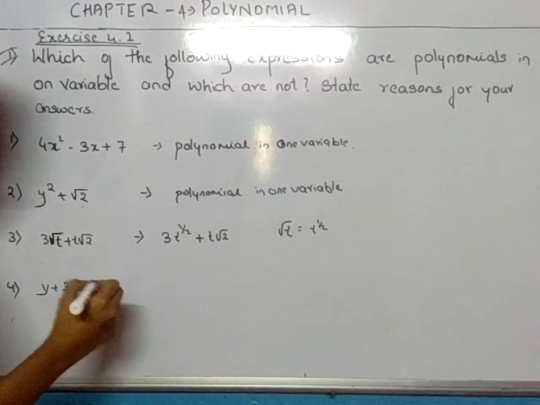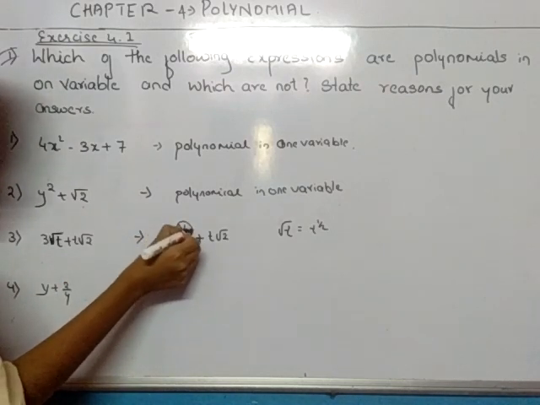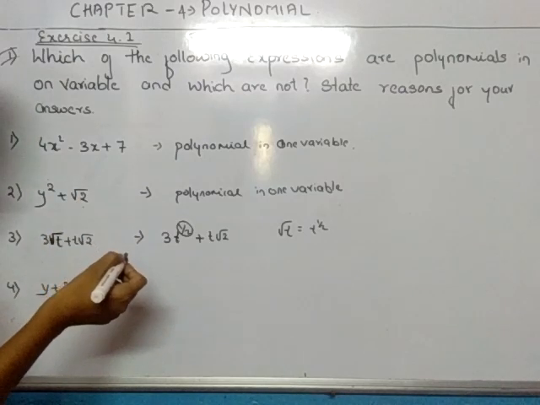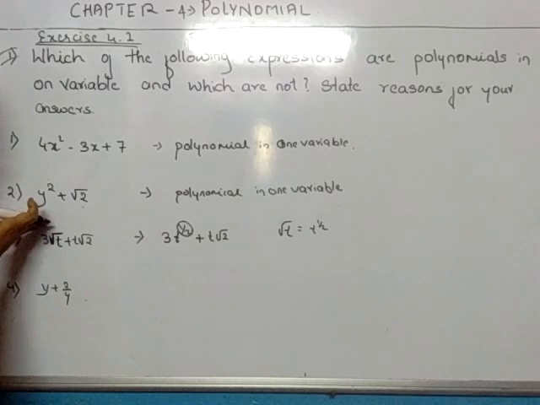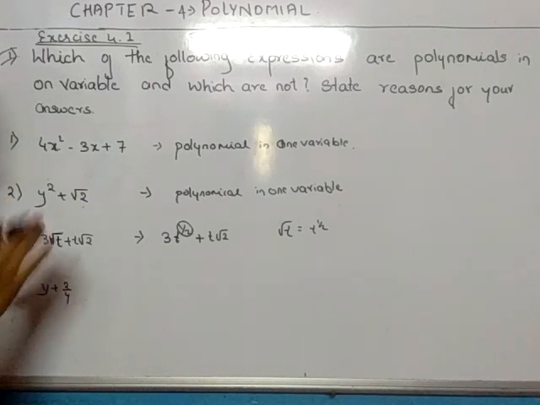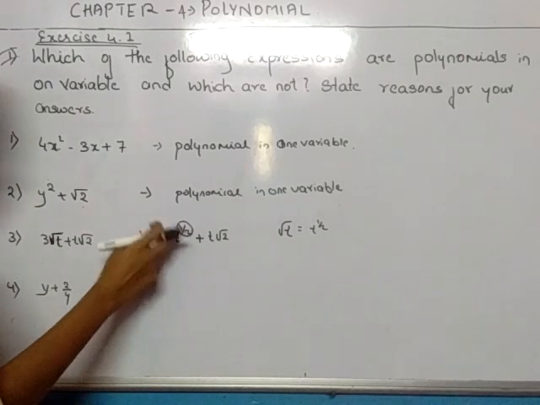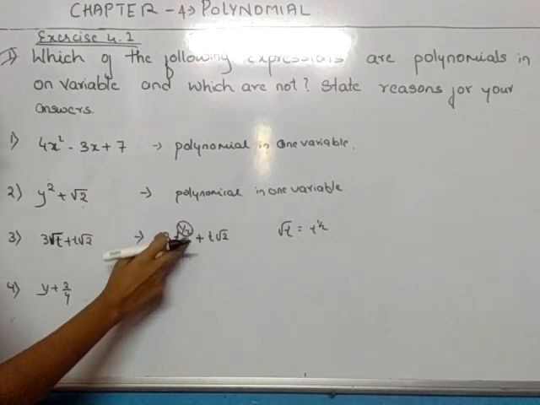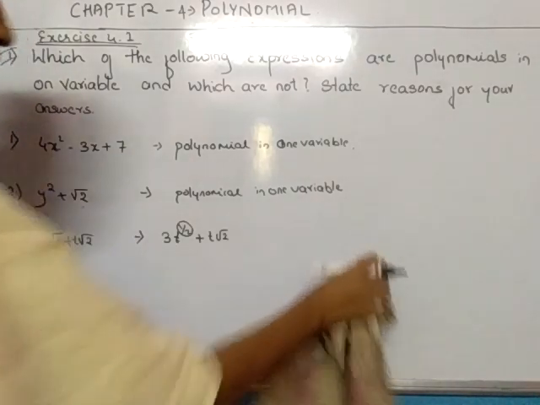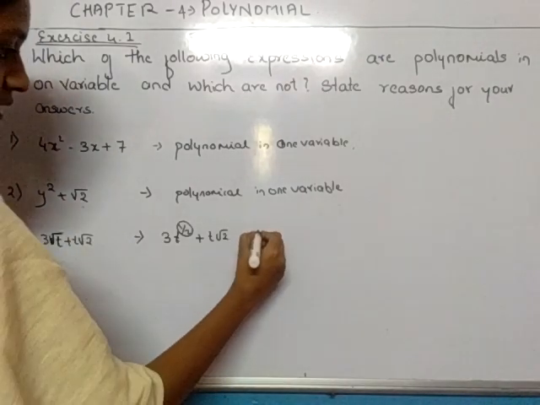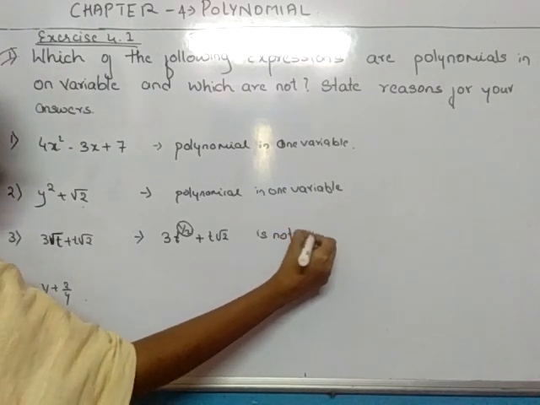Now we can see the exponent, this is called what? Exponent, power, degree, isn't it? Here we are checking only whether this is a polynomial in one variable or not, so I am going to call this an exponent here. Here the exponent is a fraction, so it cannot be a polynomial. We'll write here: it is not a polynomial.